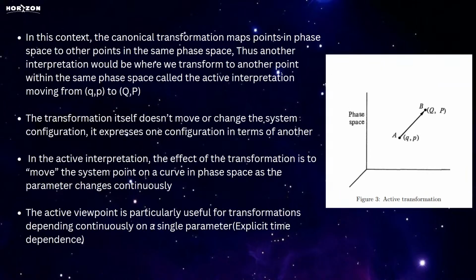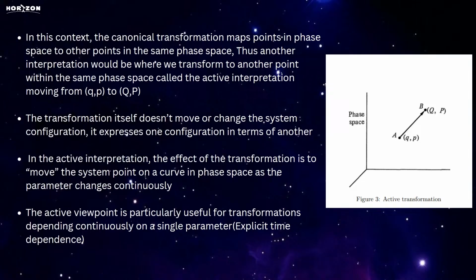However, there is another approach to understand canonical transformations, which is that points in a phase space are mapped to other points within the same phase space itself. This is called the active interpretation of canonical transformations. Now, what are the properties of this? Since we are in the same phase space, functions must have the same form as before.